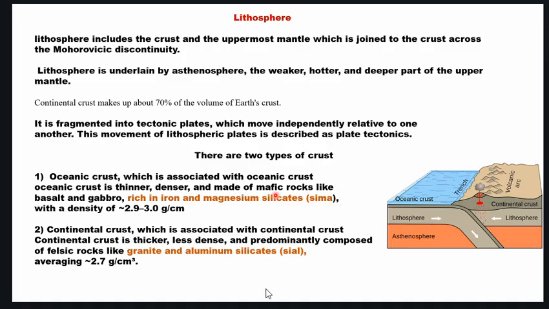That is to say, the lithosphere is sitting on top of the asthenosphere. Okay? The lithosphere is a rigid, strong outer layer that the crust is sitting on. Where we are now is part of the lithosphere. And this lithosphere is sitting directly on top of the asthenosphere, which is a fluid, molten fluid part of the upper mantle. Okay? It is weaker, hotter, and deeper part of the upper mantle, which is the asthenosphere.